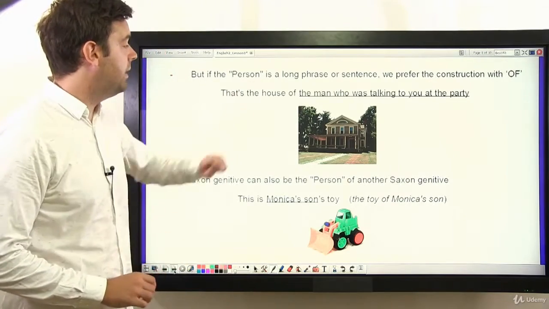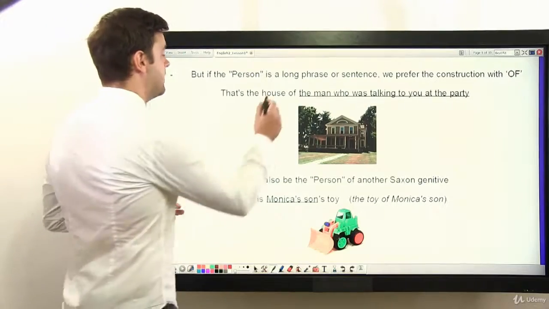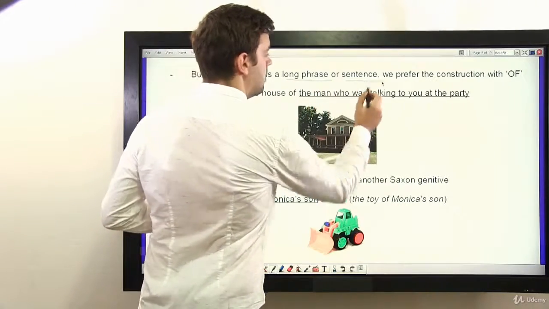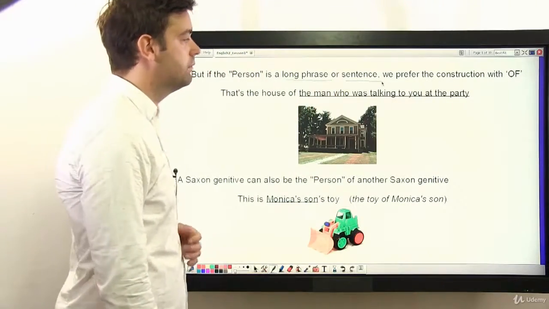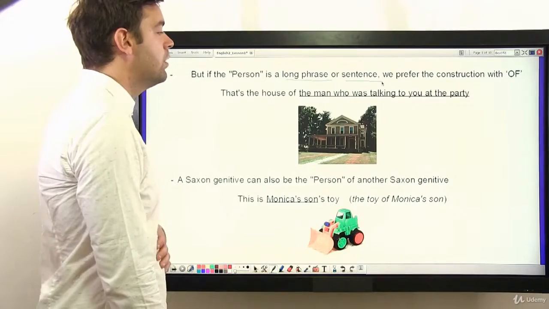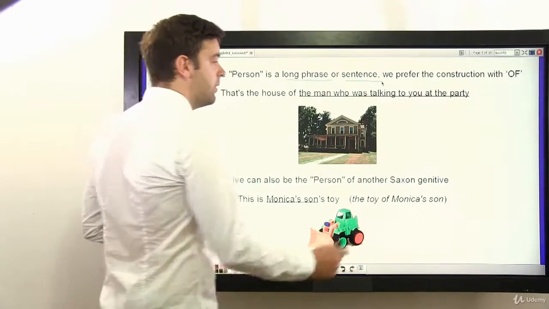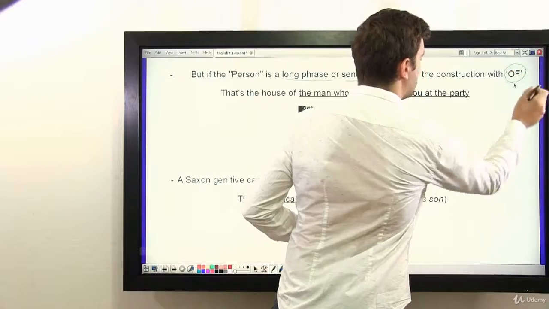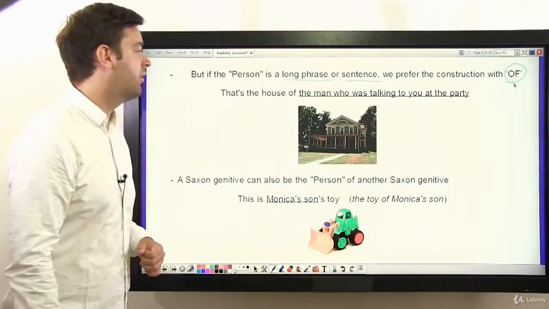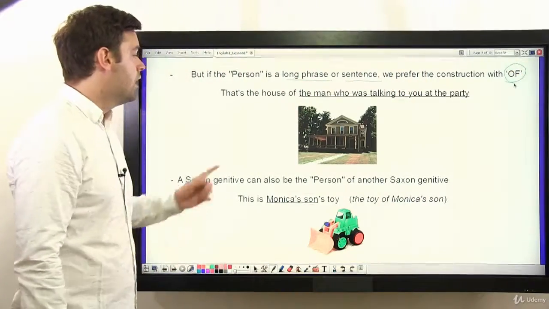Sometimes the person can be a long phrase or a sentence. So we normally use the construction with of, if it's a long phrase or a sentence.